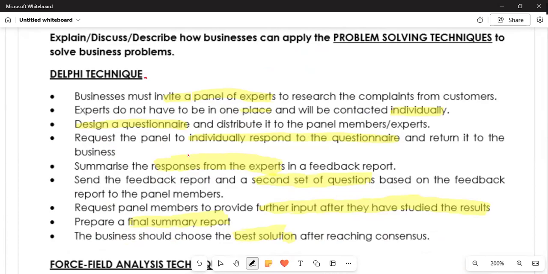So we are going to talk about the Delphi technique as the first technique for solving our problem. Now, what is a Delphi technique?